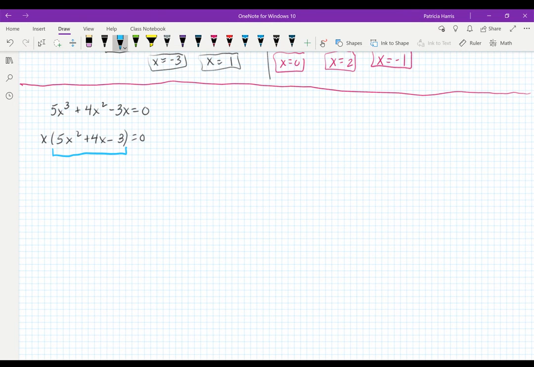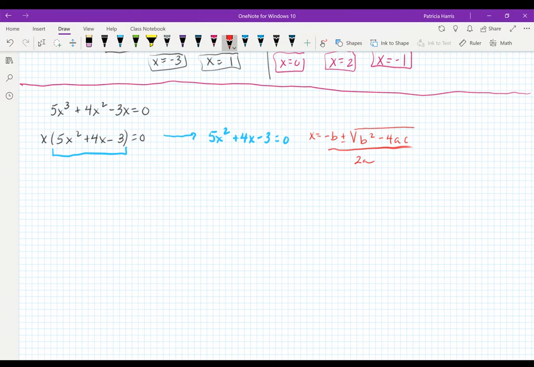This is a quadratic. It obeys the quadratic formula. So what I'm going to do is take this little part of my equation, 5x squared plus 4x minus 3 equals 0, and I'm going to use x is equal to negative b plus or minus the square root of b squared minus 4ac all over 2a.